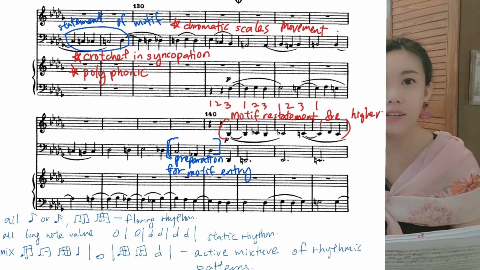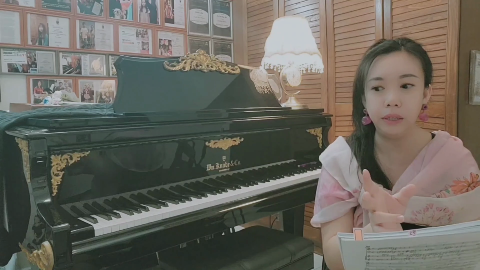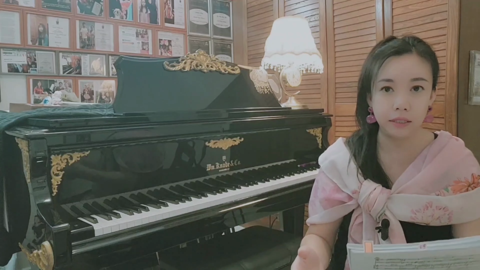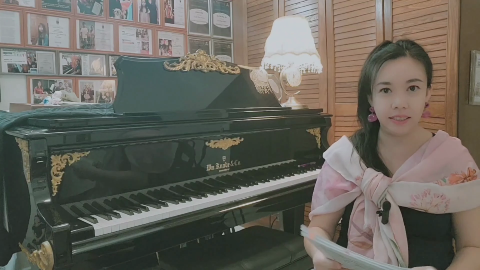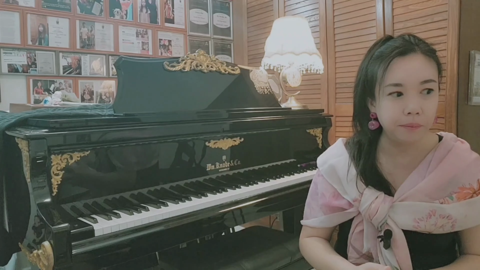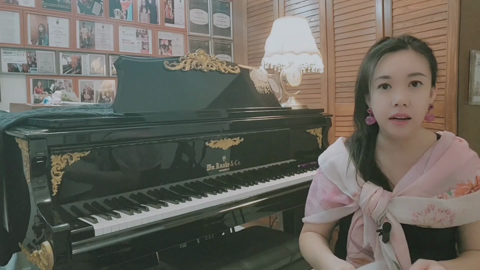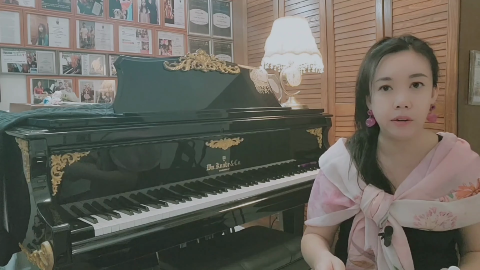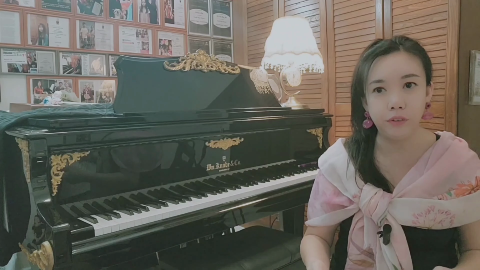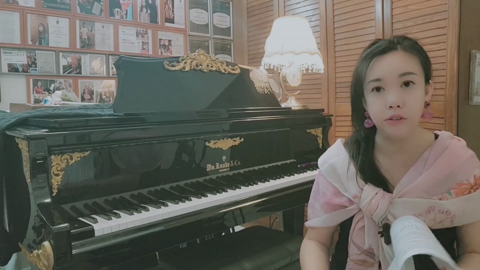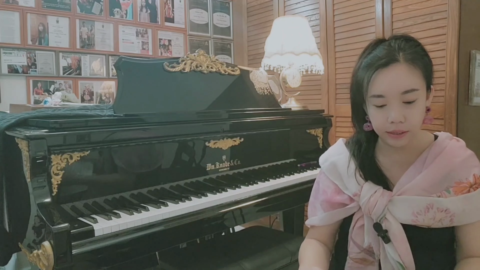When the rhythm changes from triple time to duple time, it's called a hemiola. It's a kind of composition writing technique. I have made a video about hemiola earlier on.